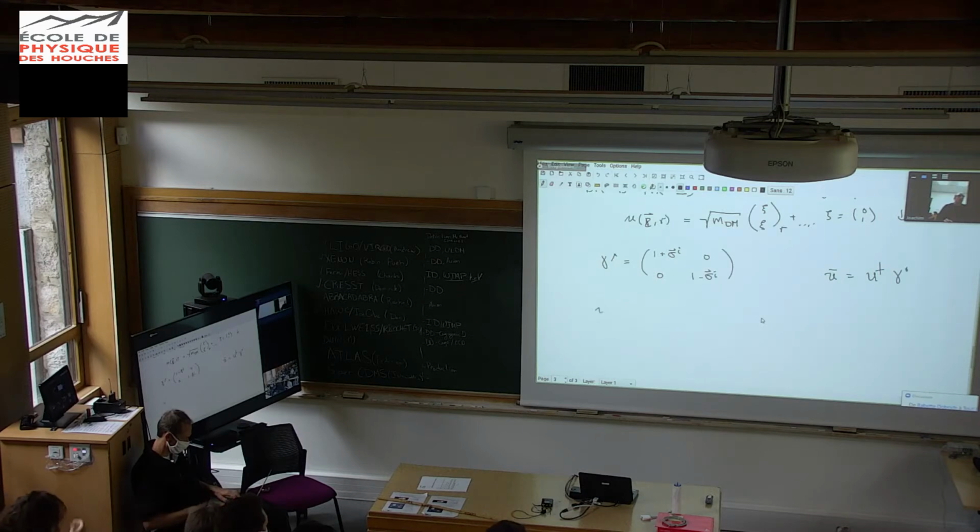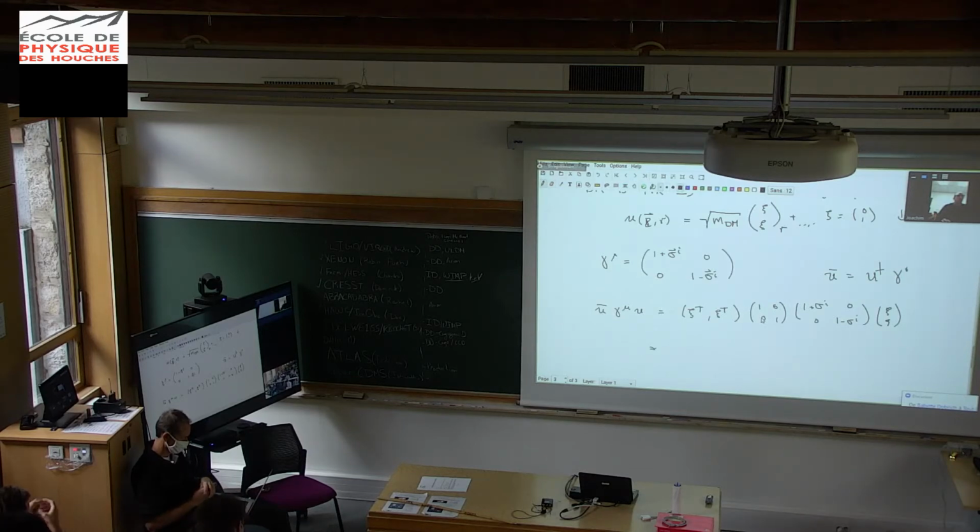So we get this u bar gamma mu u is essentially C transpose, then times this gamma 0, which is just a unit matrix, then times this gamma mu matrix, 1 plus sigma I, 1 minus sigma I. Sigma I are the Pauli matrices, and then C. And you see this is C transpose times, I forgot the factor of m dark matter.